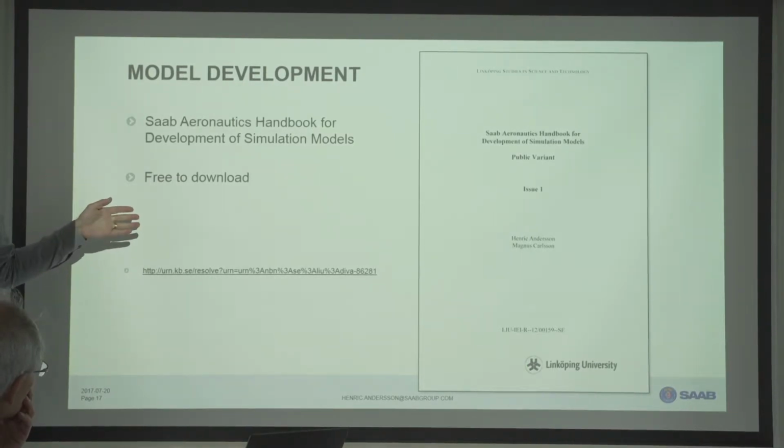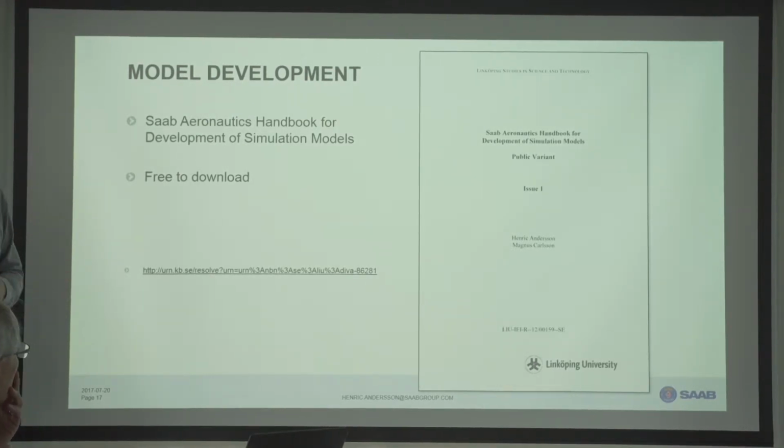So we use this in research projects when we collaborate around model implementation and model development, but also in collaboration with sub-suppliers sometimes. Sometimes they have their own process, so it's not easy to say that you should follow this strictly, but we have something to discuss around anyway.